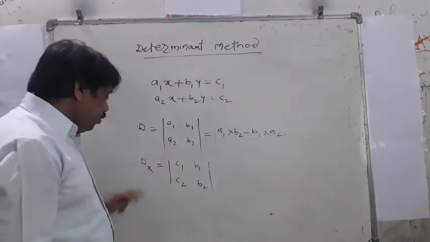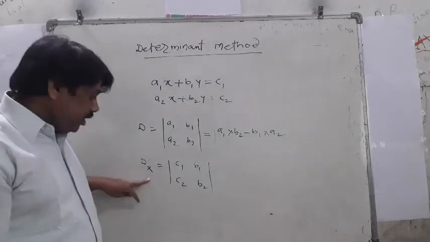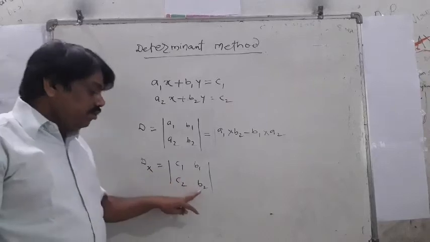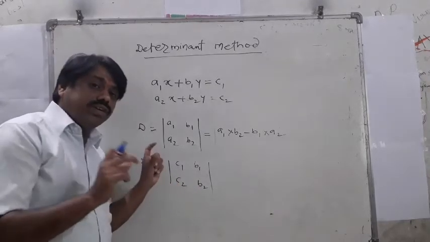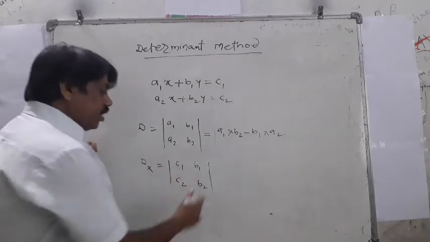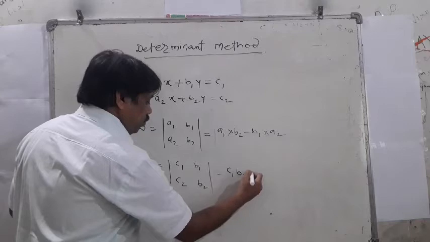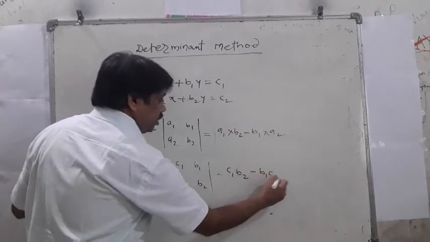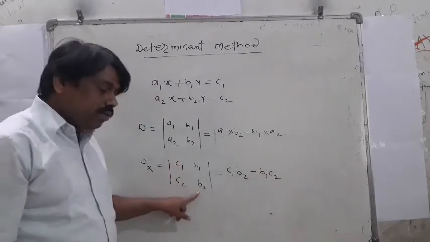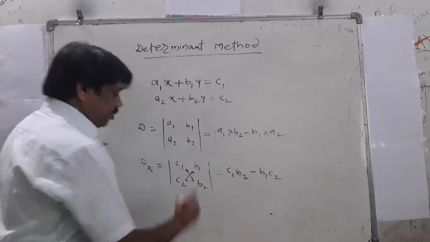Here is the trick: if you are finding Dx, you are not going to write the coefficients of x; you are going to write the coefficients of y. Same cross multiplication: c1 b2 minus b1 c2.